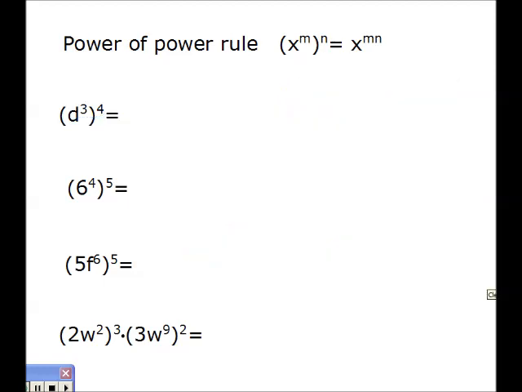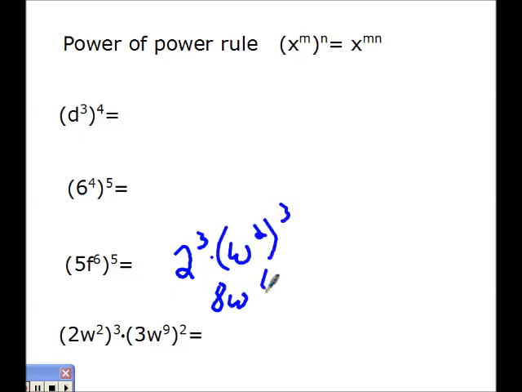For my last problem, I have multiplication and exponents, so I have to follow a lot of operations. I believe I need to work out this exponent problem and this one, and then multiply it all together. So the first part is going to be 2 to the third times w squared to the third, which equals 8w to the 6th.